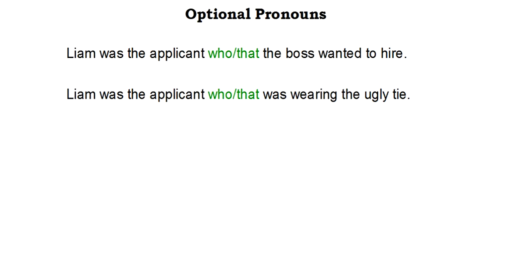Let's break these sentences into their separate clauses. On the left, I have my independent clause. On the right, my relative clause. Now, if you look just at the first example, there's a subject in the first clause, Liam, and a subject in the second clause, the boss. What I'm really saying in the second clause is the boss wanted to hire Liam.